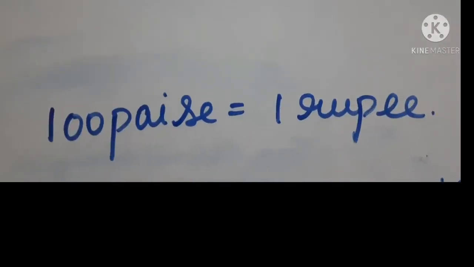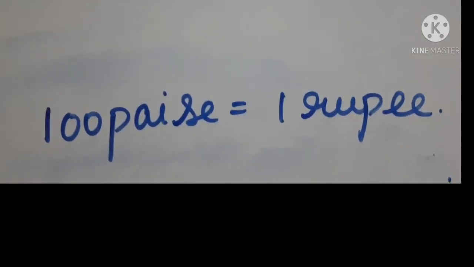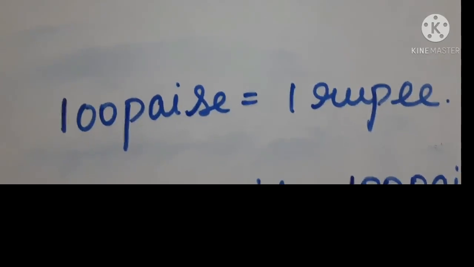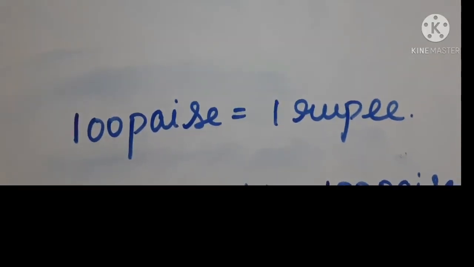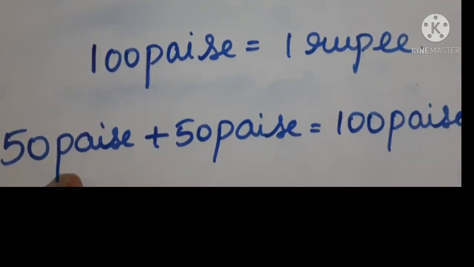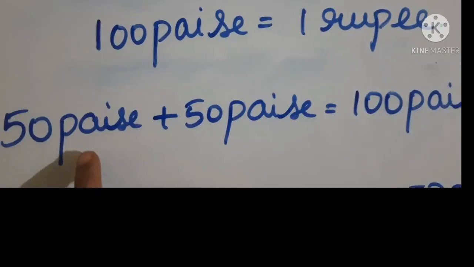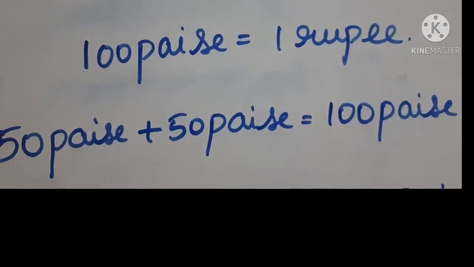Children, we already know 100 paise is equal to 1 rupee. Now, if we have 50 paise, then how many coins do we need to make 1 rupee? If we have 50 paise, we need 2 coins, 2 50 paise coins to make 100 paise.